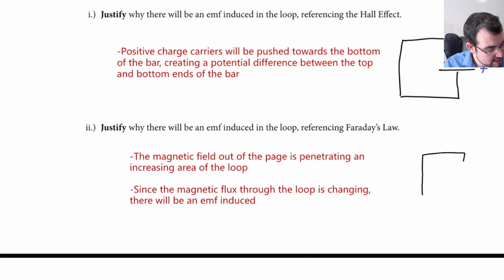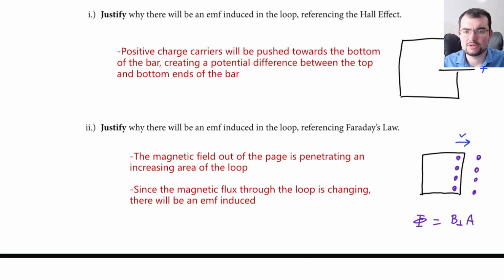Imagine, as I'm marching into this field, I'm getting more circles with time, because as I march towards this field, more and more of these circles are going to pierce the square until I'm all the way in. So we do get a flux change, because flux is equal to B perp times A, and it's entirely perpendicular. So we're just marching in and getting more and more flux.